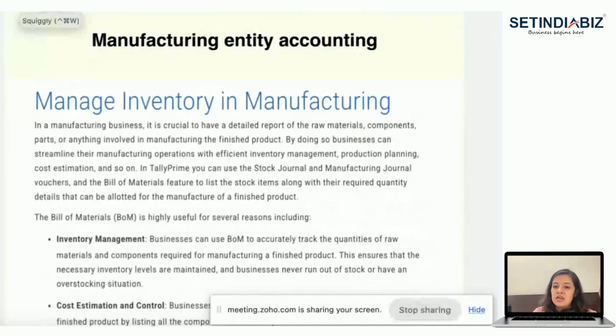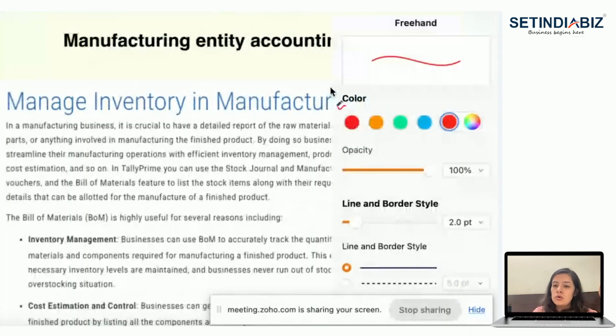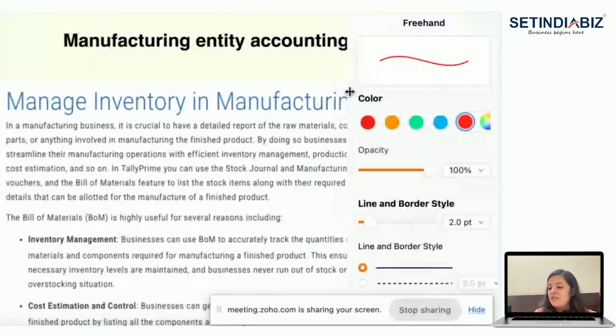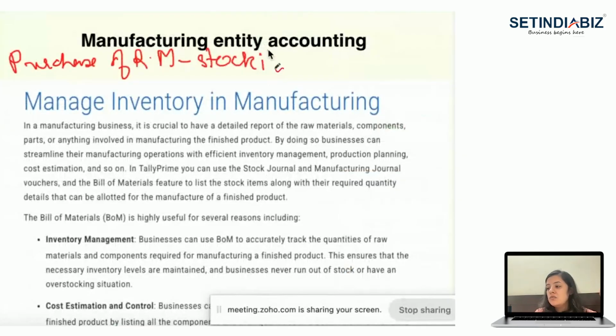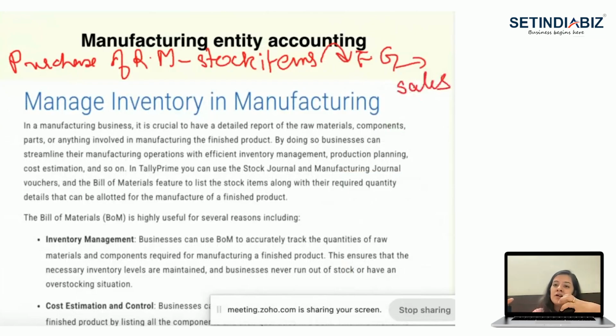This manufacturing entity accounting has a role to play when we have purchase of raw materials, right? We record these stock items, and these raw materials are converted into finished goods in our company, and then we make sales of them, right? Now we can have purchase of many raw materials and work in progress which assemble together to become one final finished good, right?